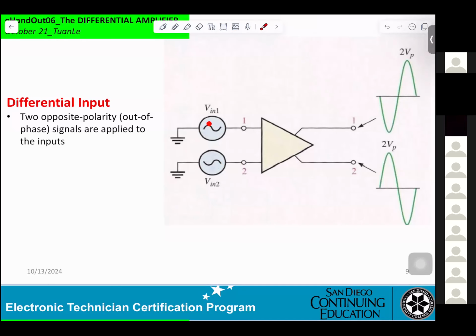Okay, this going up, this will be going down. Input going down, this input has to be going up. And the output will be, okay, this is the output, and the output will be opposite. That will be two opposite polarity.